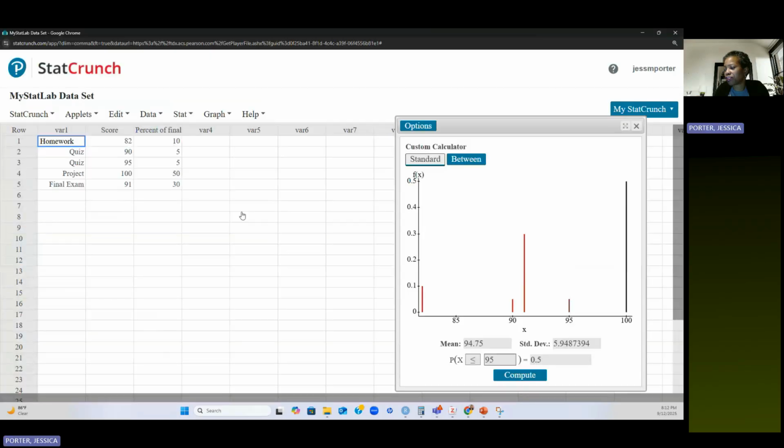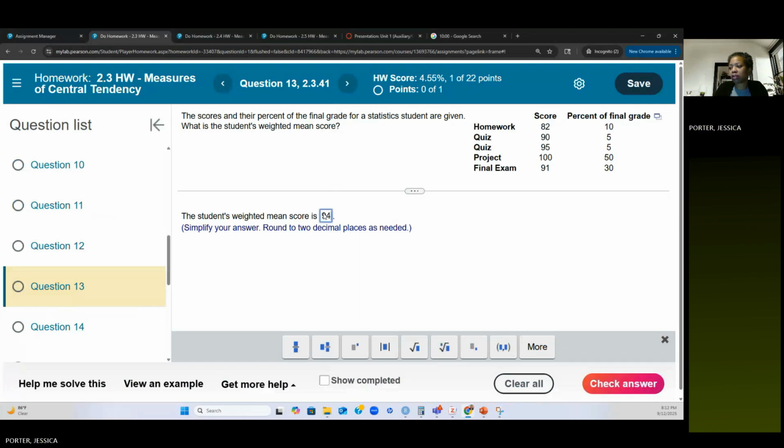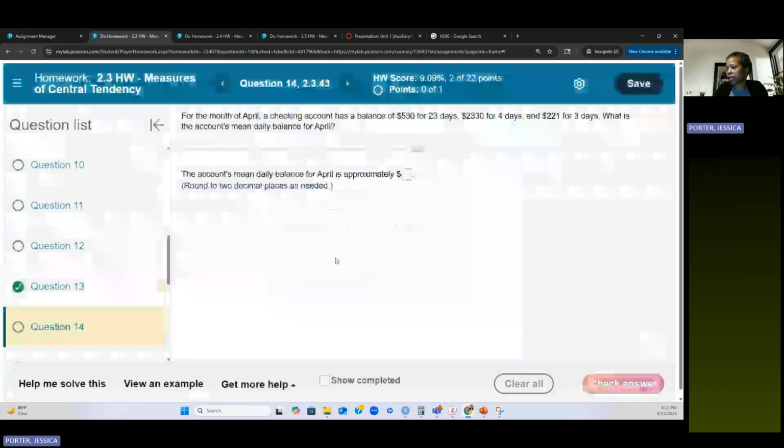I'll hit compute. So our weighted mean score, I know it gives us a graph and everything else, but our weighted mean score is 94.75, and we're rounding to 2 decimal places.